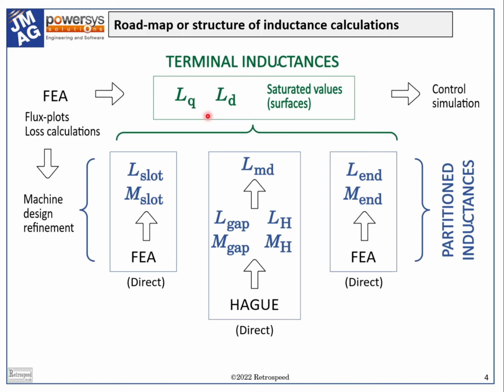The reality of the magnetic field is that it is distributed throughout the physical volume of the machine, and not separated into lumped components as is assumed in the classical theory of the partitioned components. The same is true of the losses. Not only the Joule losses, but also the core losses and the parasitic losses such as eddy current losses in magnets.